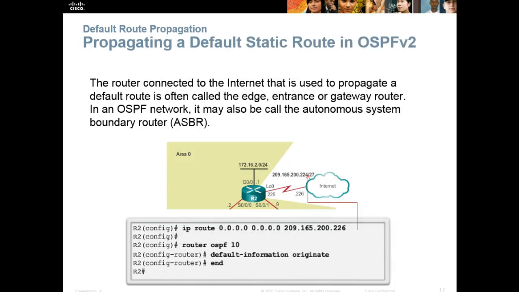Now, one thing that we talked about before is the idea of a default static route in OSPF version 2. These would go on something called the ASBR, or Autonomous System Boundary Router, because you're at the edge of area 0, and inside area 0, when you configure OSPF, all of that routing table and routing traffic inside the area is going to be available to all the routers.